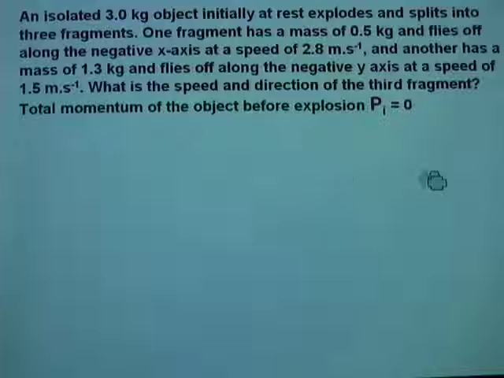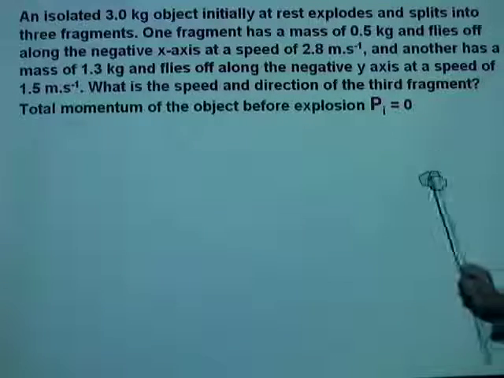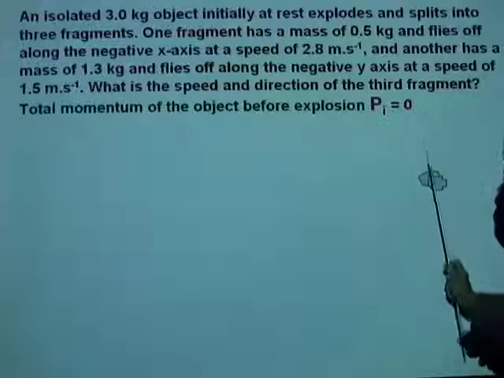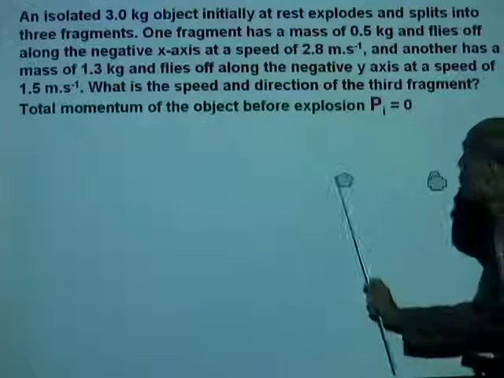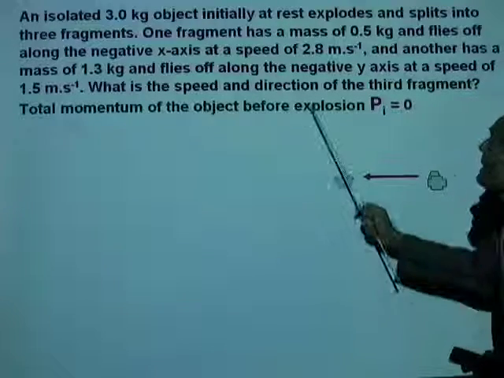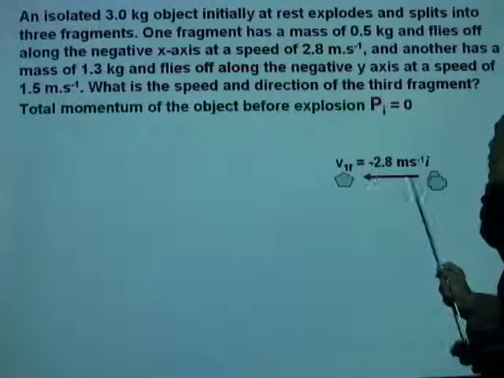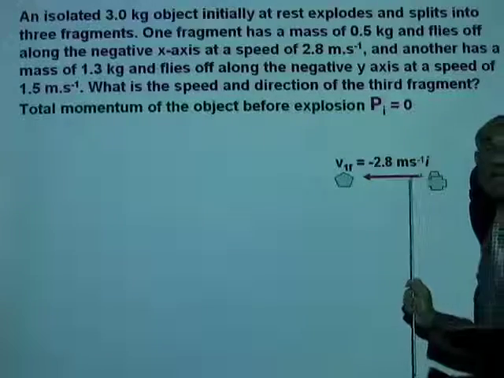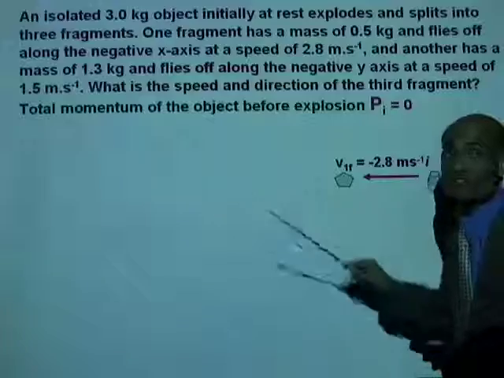Well, it's going to explode now. Watch what happens to the first piece. One fragment that has a mass of 0.5 kilogram moves to the left, so it goes with a velocity of negative 2.8 meters per second i. Why negative? In the negative x direction.